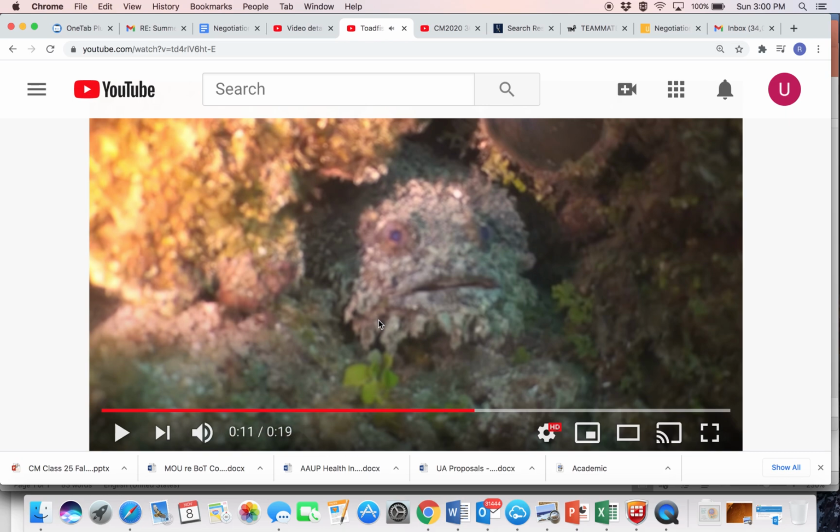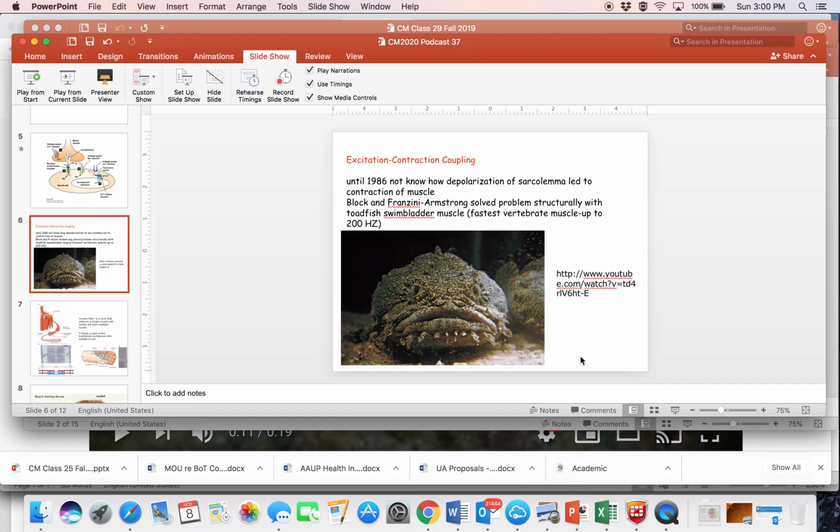So that's the sound that the toadfish make when they are defending a territory or when they are breeding. And it's loud enough that a bunch of toadfish can produce enough sound that you can hear it above the water. Usually where these guys live, this species here is like East Coast, Cape Cod, that area.